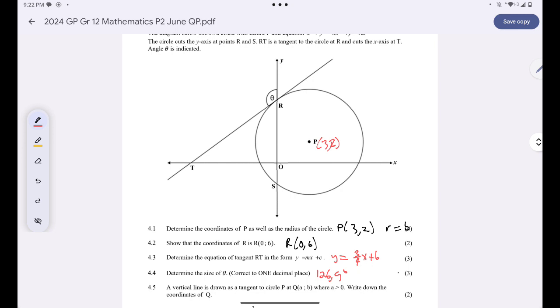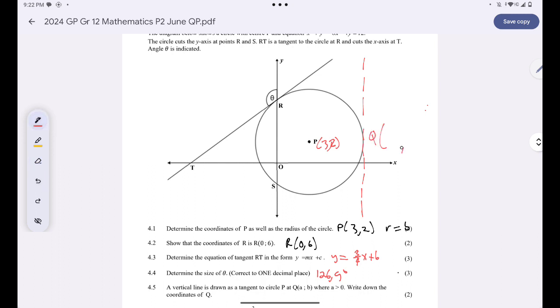I'm told that a tangent is drawn vertically. That means that line should be here or here. Are we together? And I'm told that the point of contact of the tangent is point Q, and the x value of that point is positive. So this graph doesn't make sense because it has a negative x value. So that means Q will be there.